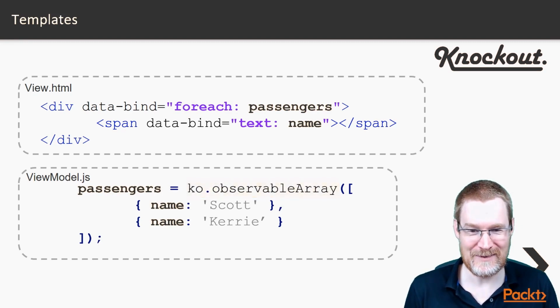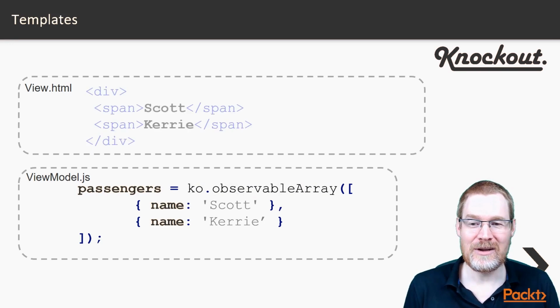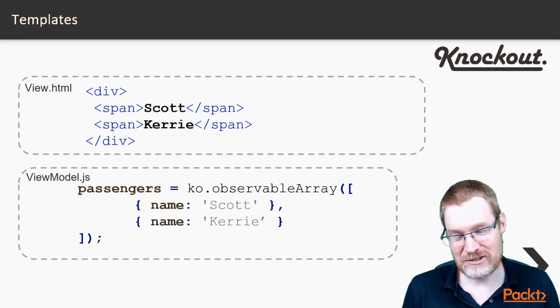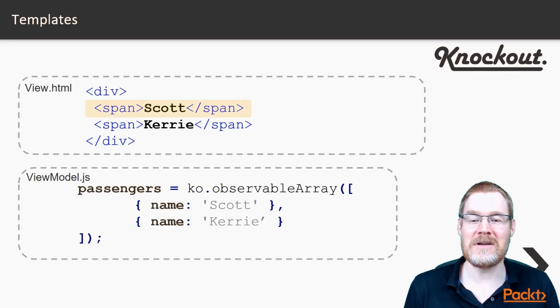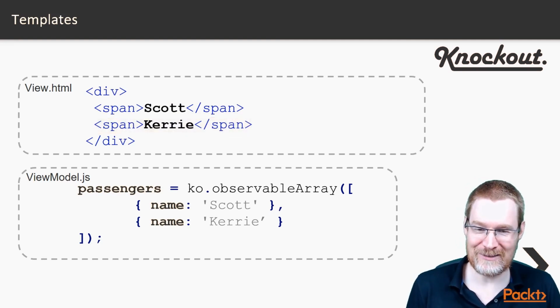And in our view model, if we've got an observable array that contains two passengers, each with the property name, what will happen is that when we data bind to the view, Knockout will replace that HTML with a templated version which is going to repeat for each of the passengers and show the name of each of those passengers.